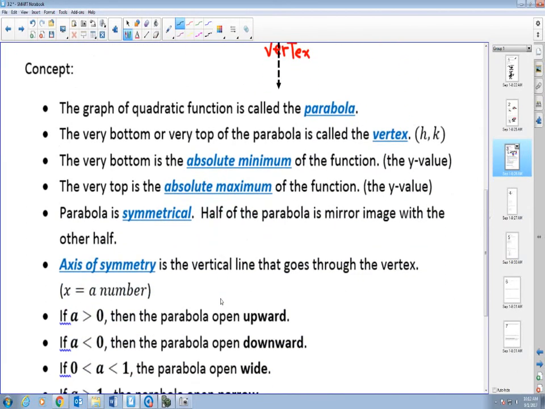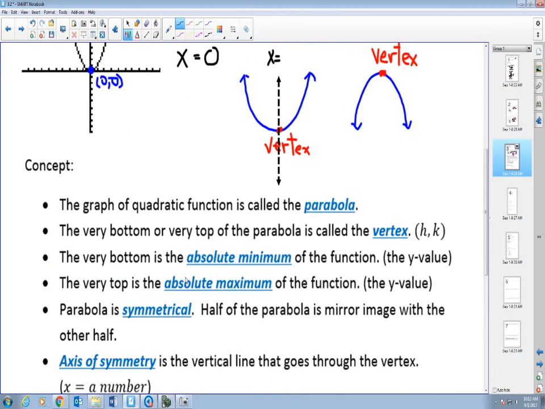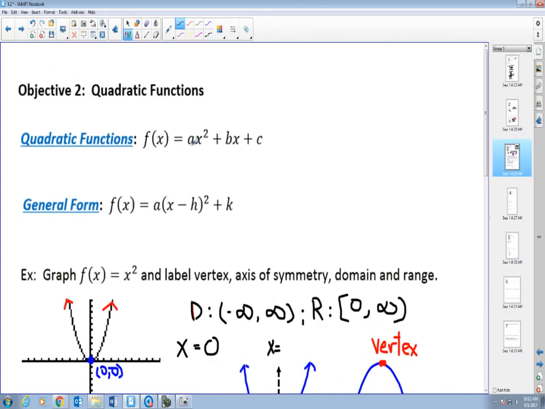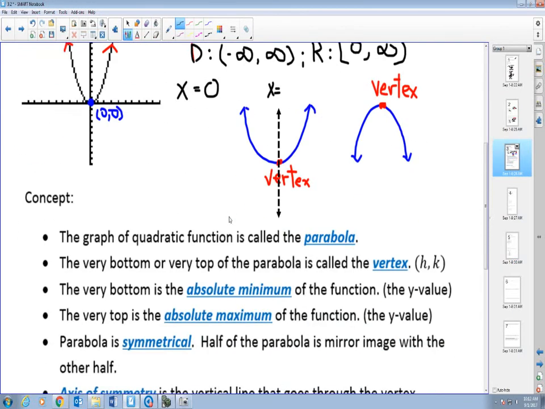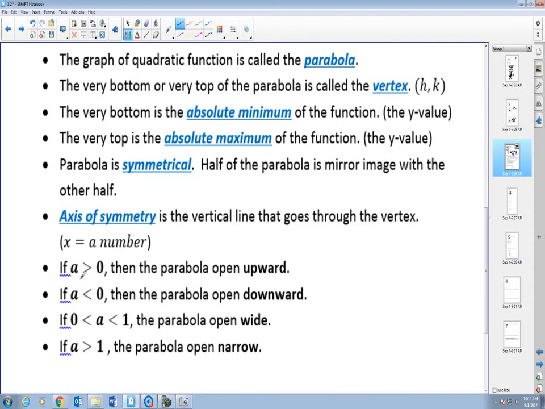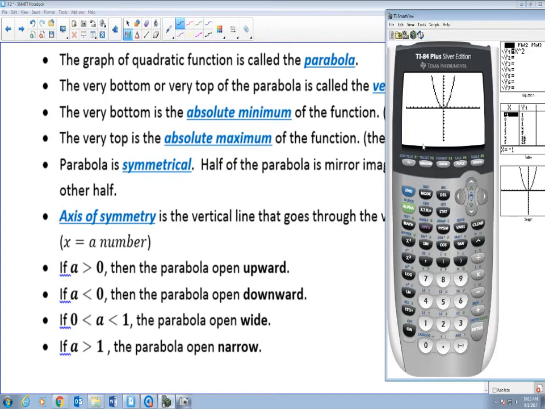Alright, furthermore, the letter A. The A is referring to the leading coefficient, okay, in both forms. If that leading coefficient is greater than 0, another way of saying greater than 0 means positive, then the parabola will open upward, just like the one I drew earlier.